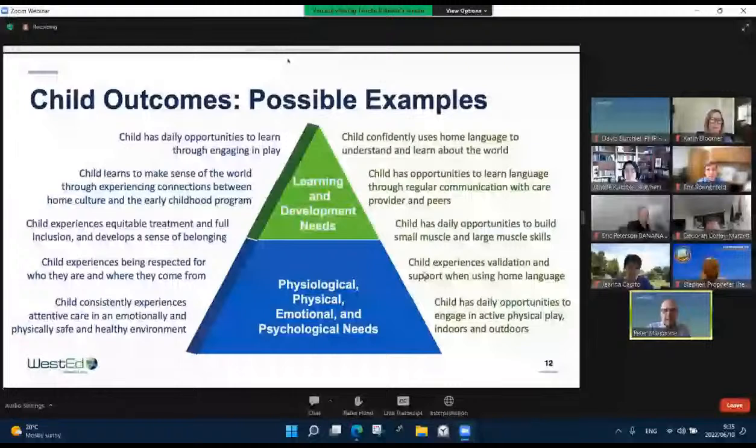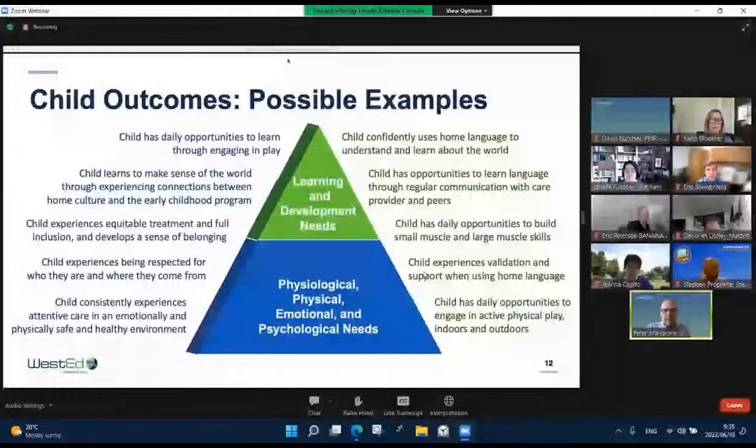That's what the child's experience is: receiving attentive care, and feeling emotionally and physically safe and healthy in an environment where the child can feel that way. Also really fundamental, really basic, is the child experiencing being respected for who they are and where they come from. We just really focus on that way of looking at the child.